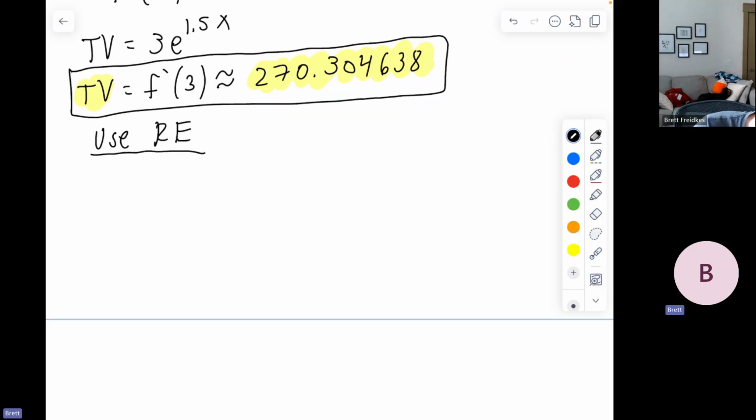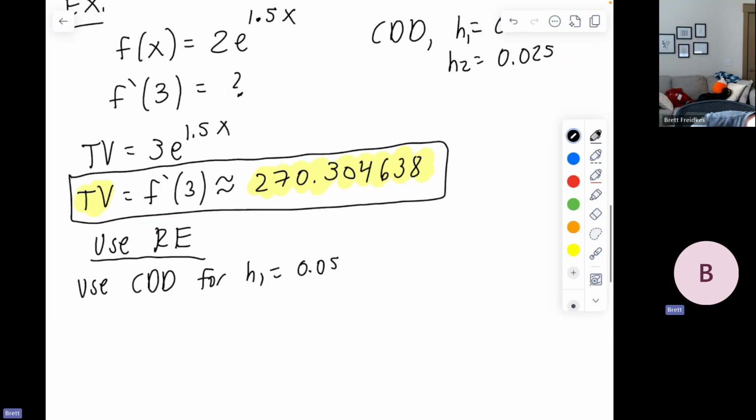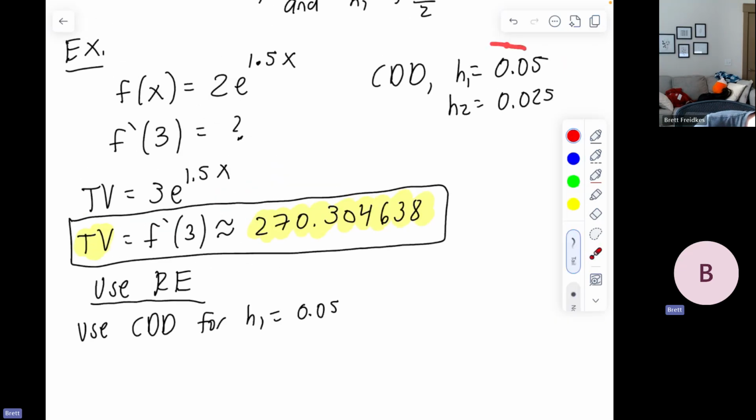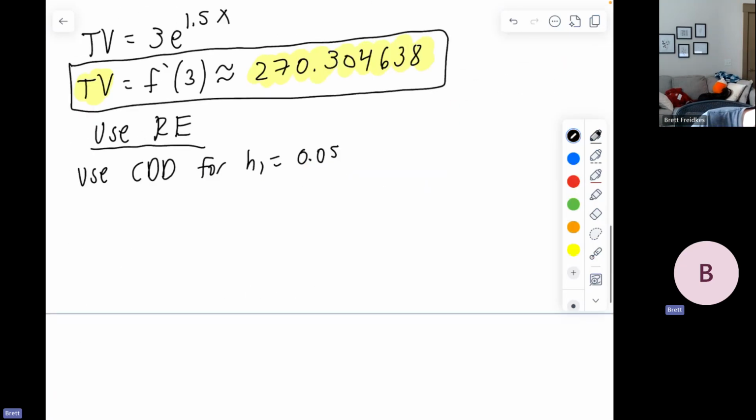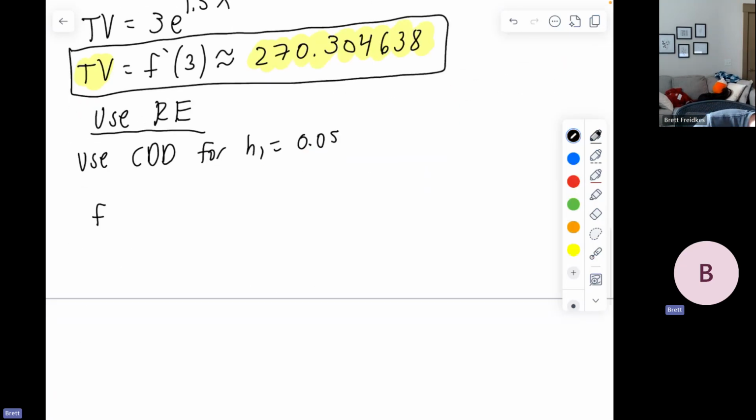So what we have to do first is use the central divided difference method for h1 equal to 0.05. That's what I gave you up here. That was given. So our derivative for central divided difference, I'll just rewrite it to be thorough.